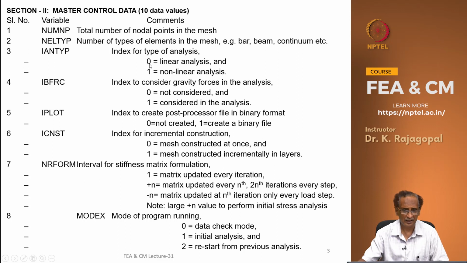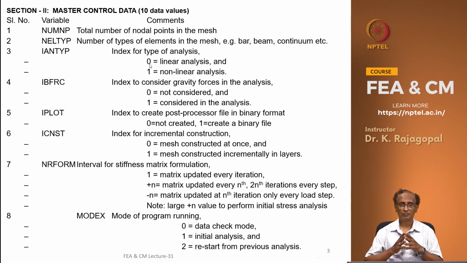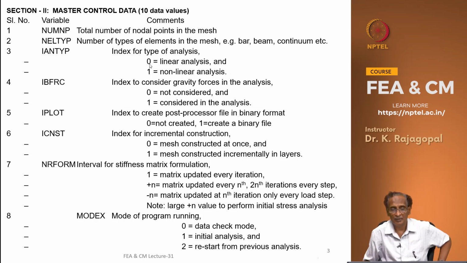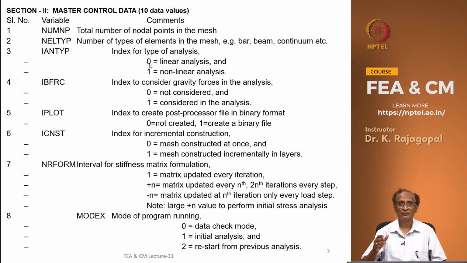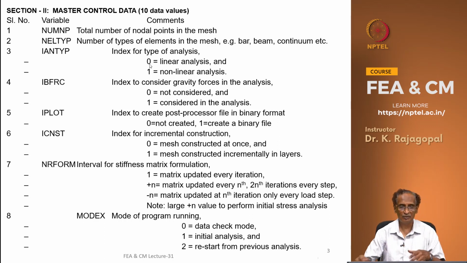This particular index is important, because if you place it as 0, then the program will not calculate the reaction forces, and it will assume that you are satisfying the equilibrium at all times, and it will not calculate the out of balance forces and the norm of out of balance forces and so on.